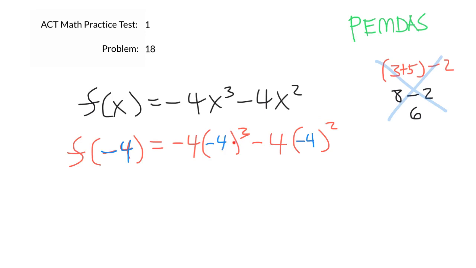Let's keep in mind, anytime you have a negative number cubed, it's going to remain negative. In fact, anytime you have a negative number raised to an odd exponent, the result is negative. Anytime you have a negative number raised to an even exponent, it's going to turn positive. That is worth making a mental note of for sure.